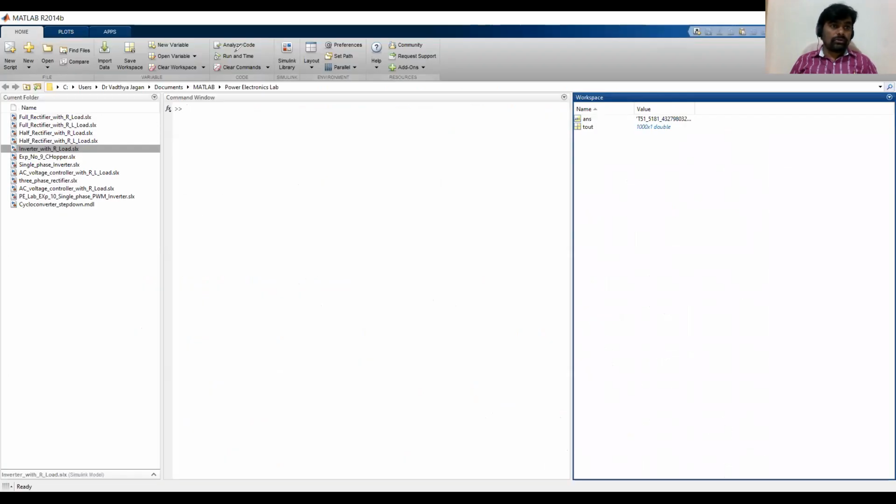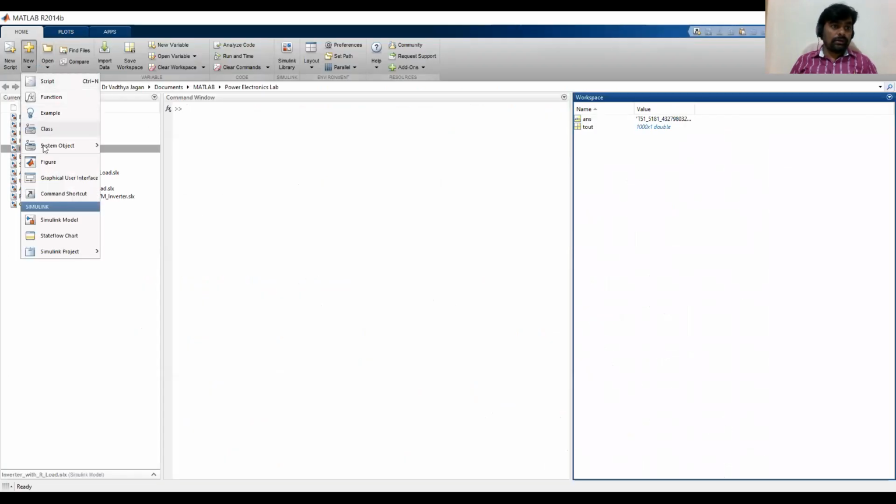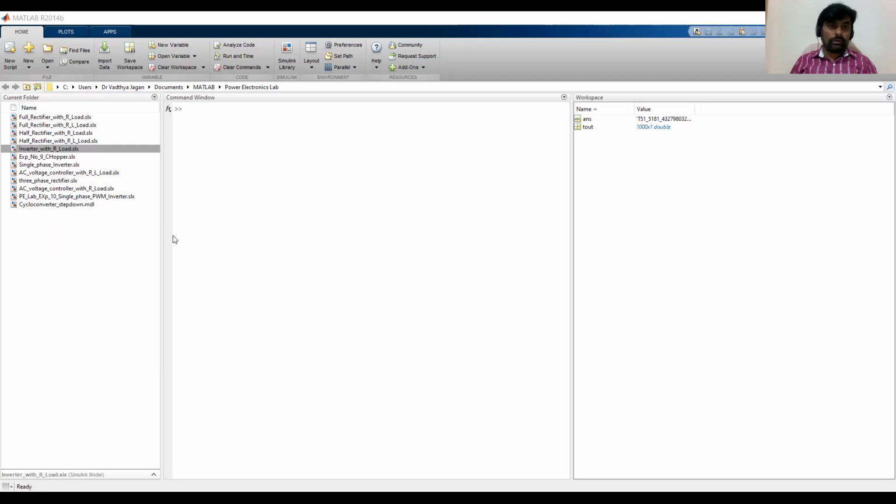Now I am going to open a new Simulink model. Here you can see the new Simulink model. Here I am going to build the circuit, and I want to simulate for 2 cycles, which for 50 Hz frequency will be 0.04 second.